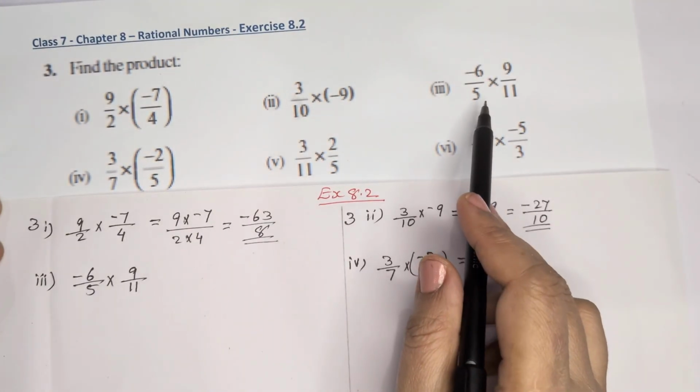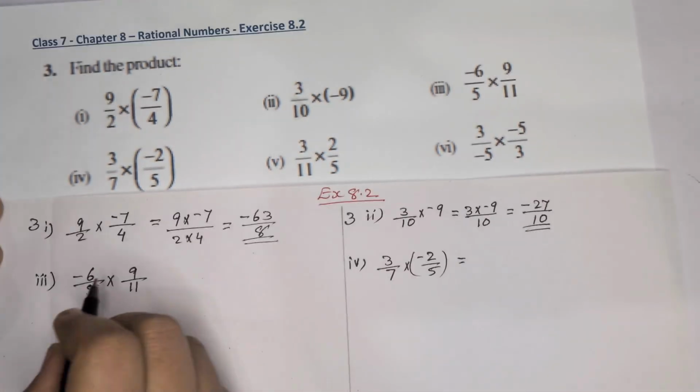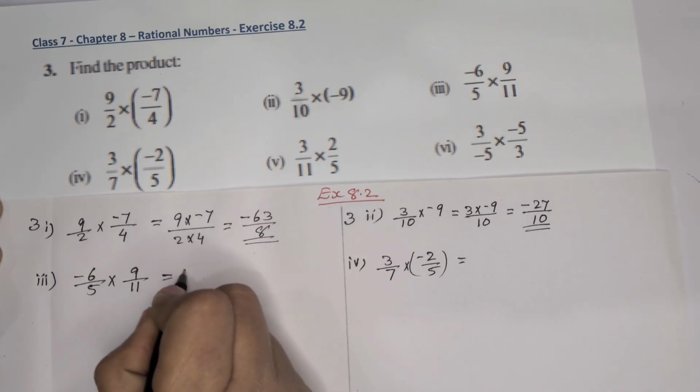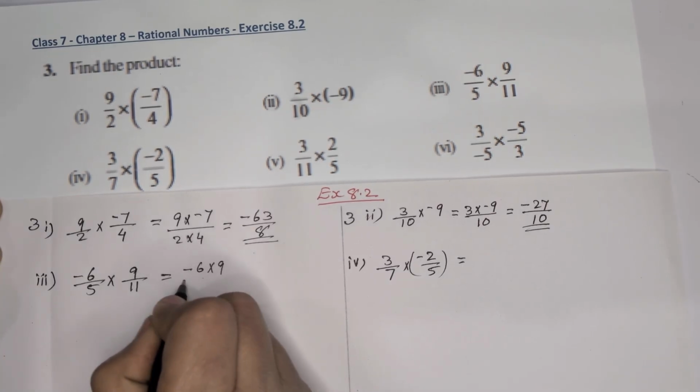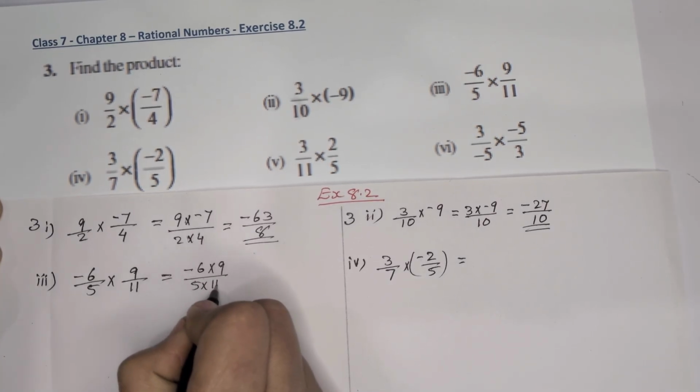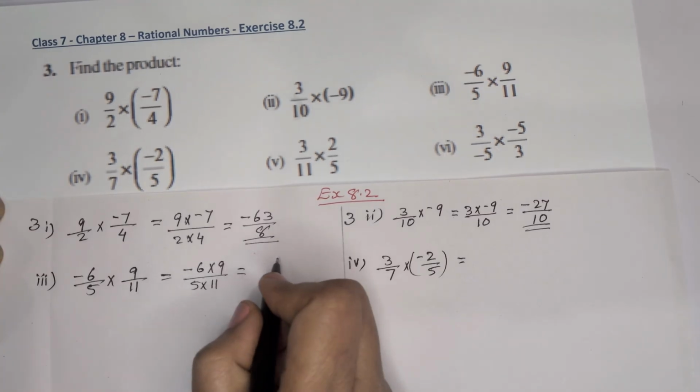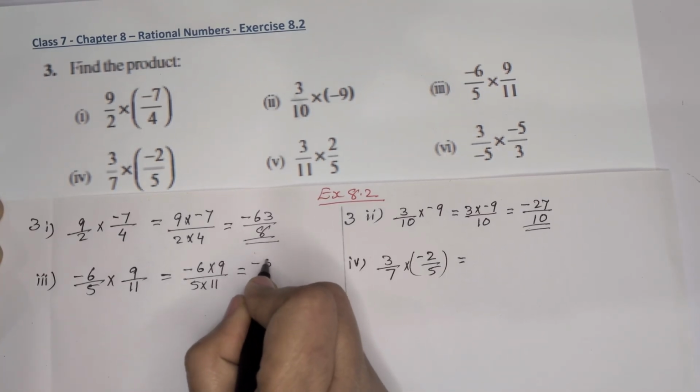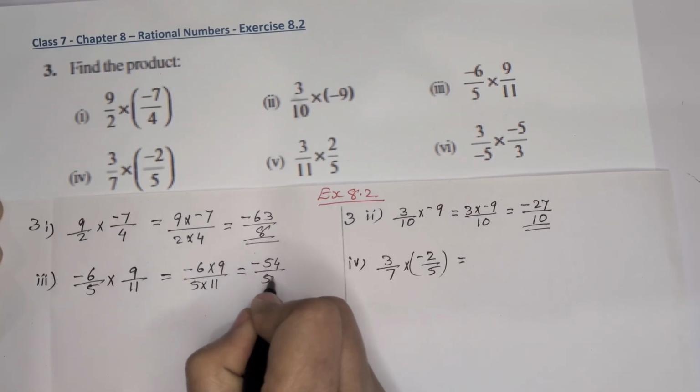Now third one, minus 6 by 5 into 9 by 11. So the numerator minus 6 into 9 by 5 into 11, which is equal to minus 54 by 55.